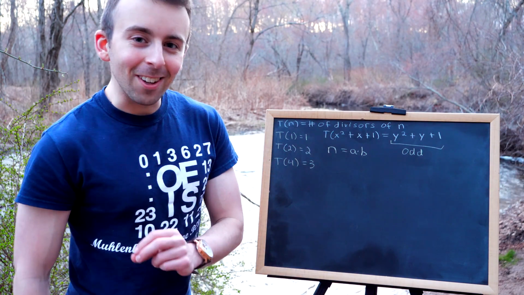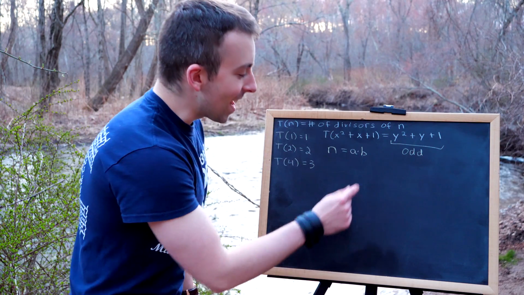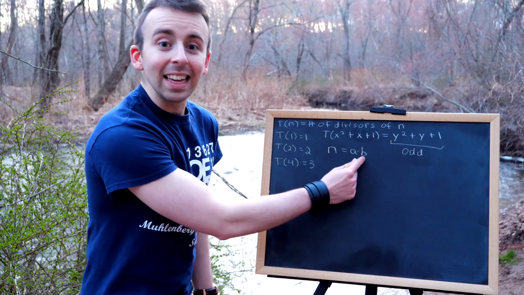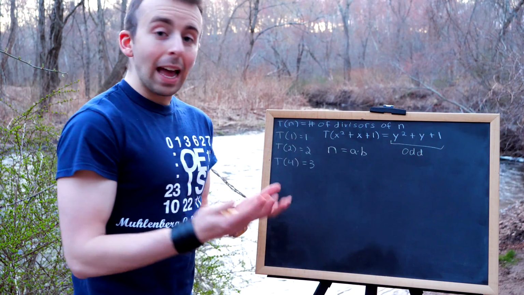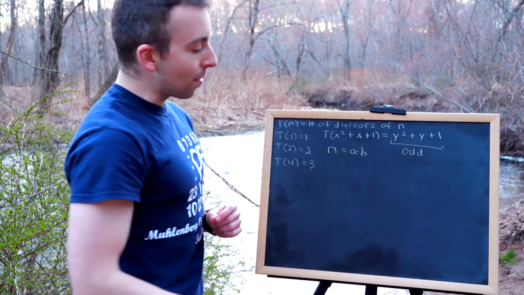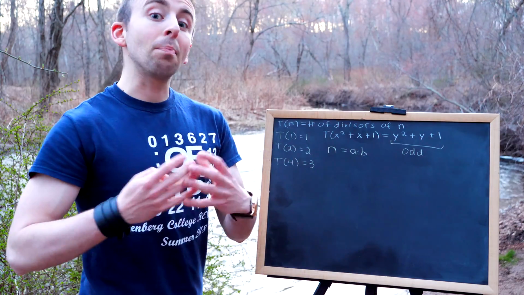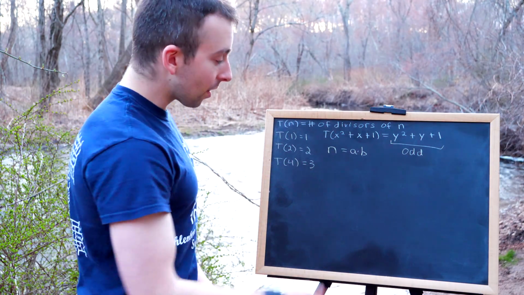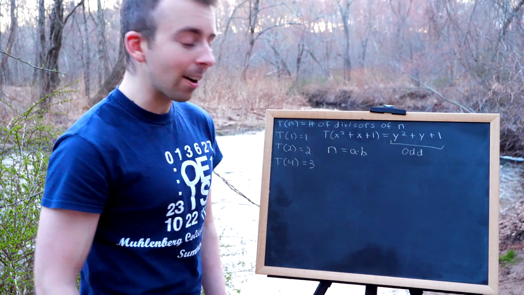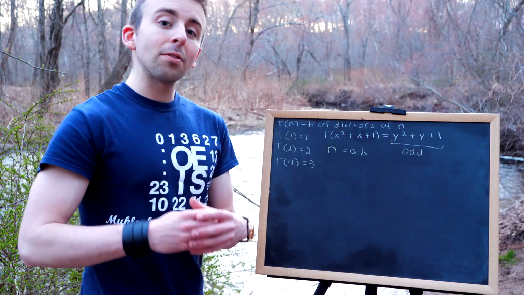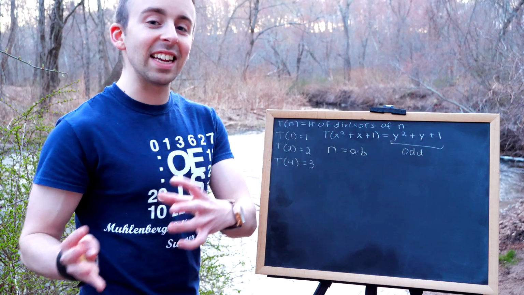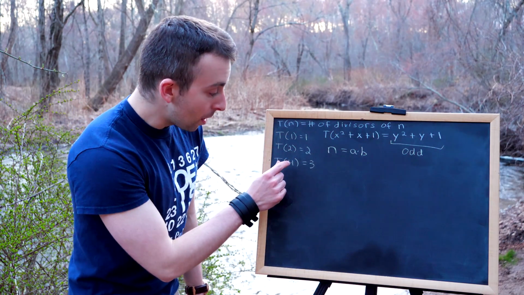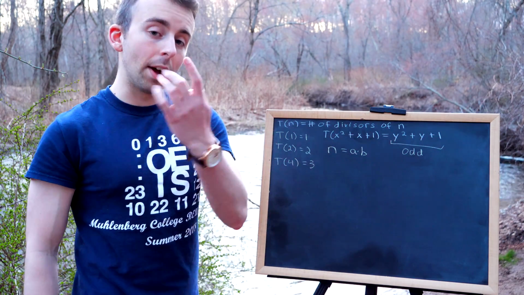Except not necessarily, because there's nothing saying that b can't be equal to a. And in fact, maybe we would have an odd number of divisors. The problem is perfect squares. So if n is a perfect square, then the divisors don't necessarily have to come in distinct pairs. For example, 4 has factors of 1 and 4.